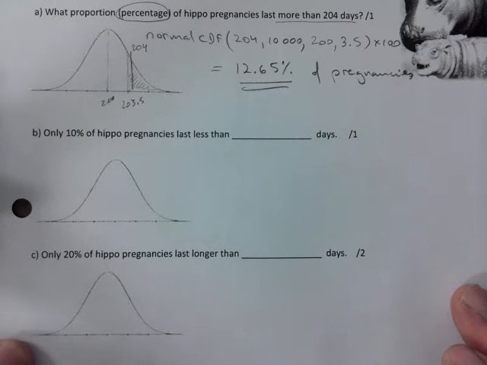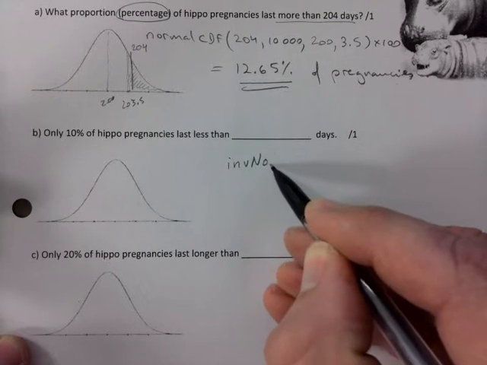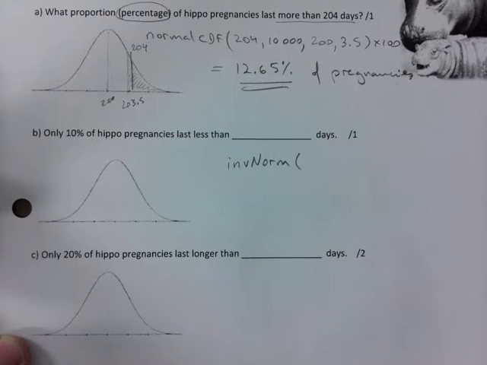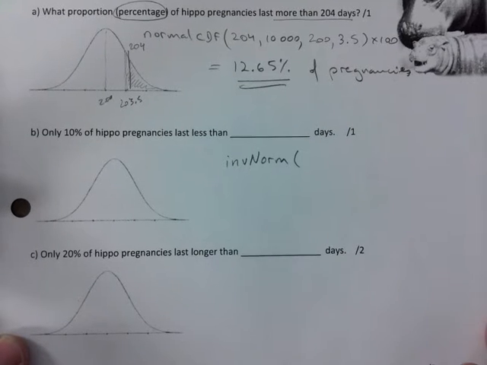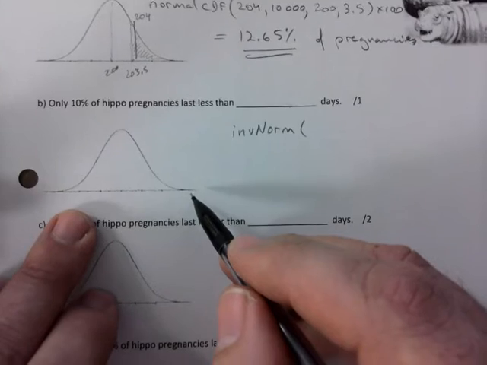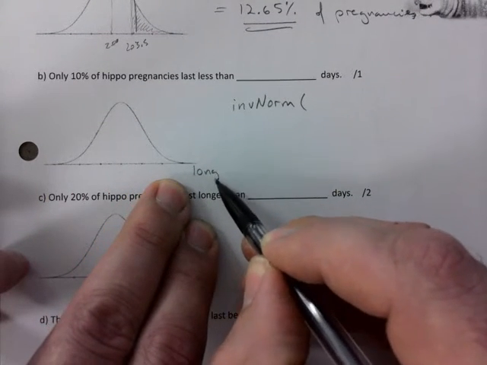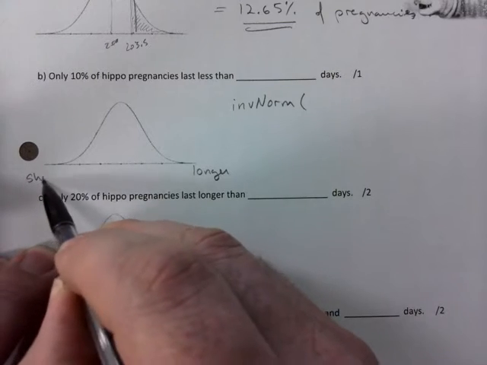Only 10% of hippo pregnancies last less than this number of days. So we're not asked to find a percentage. You know you're going to have to use inverse norm. And I was thinking about how I can help you determine the following. If you think of less than and greater than, this would be shorter and longer pregnancy.